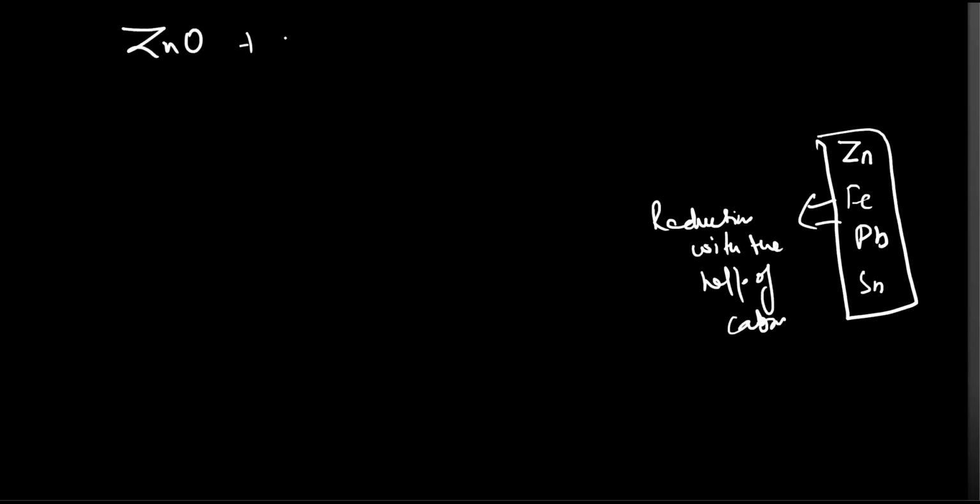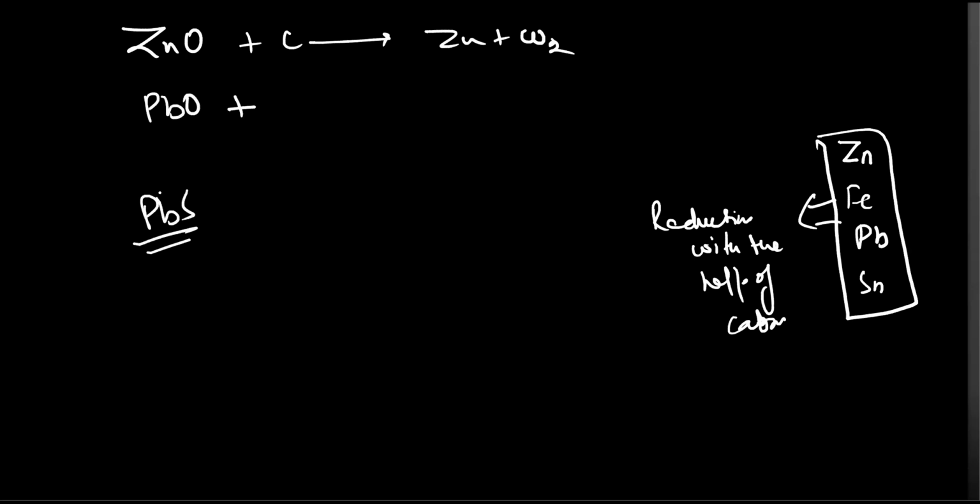Okay, so if we have zinc oxide, we need carbon. We heat it with the carbon, and it will give you Zn plus CO2. Similarly, if we have PbO, it is already in the form of PbS, but we have converted it by roasting into PbO. Now PbO, when reacted with carbon, will give you Pb plus CO2.